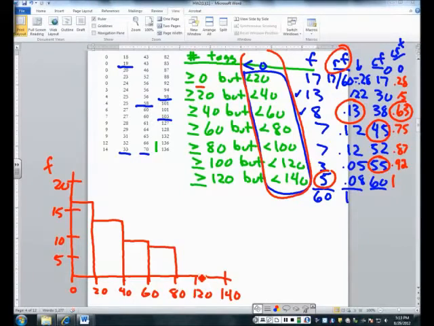okay, somewhere here I've got, let's see, I had 17, 13, 8, aha, that should have been 100, let me skip along there, 100, 120, and then 140.